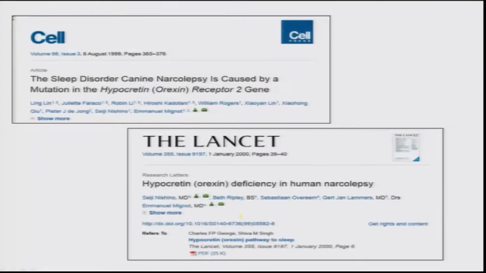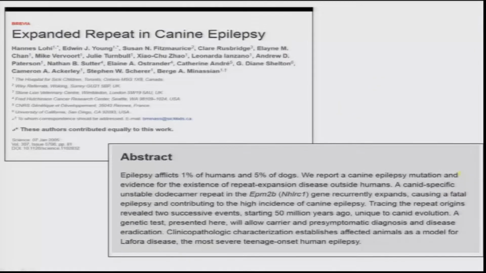That's why the dog species have been extensively studied, and it has led to a large number of discoveries which could have implications even in humans. For example, one landmark study identified a sleep disorder that affects the dog, and later the same gene mutation was known to cause the same disorder in humans.